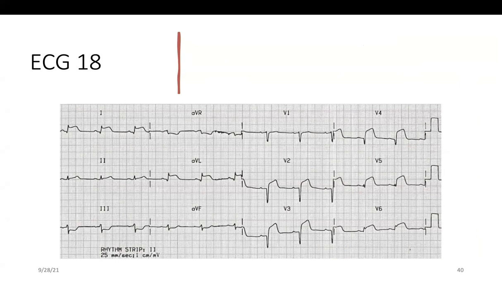Okay, what about the next ECG? This is a very easy one. So we have ST elevation in lead 1 and AVL, V2, V3, V4, and also V5, V6, with ST segment depression in lead 3 and AVF.